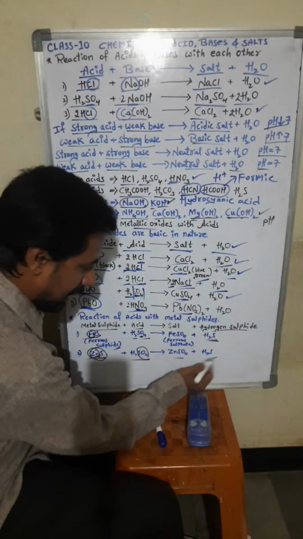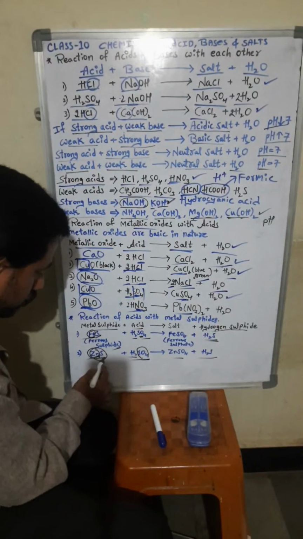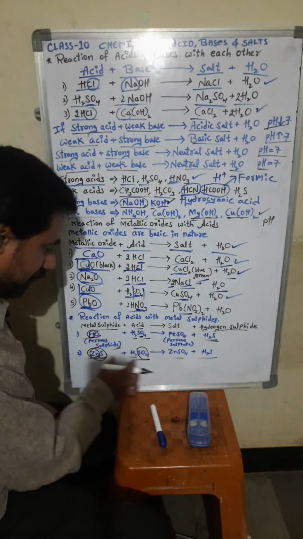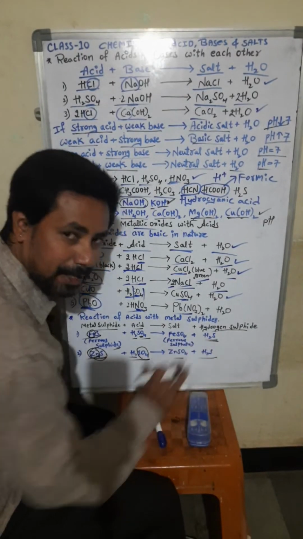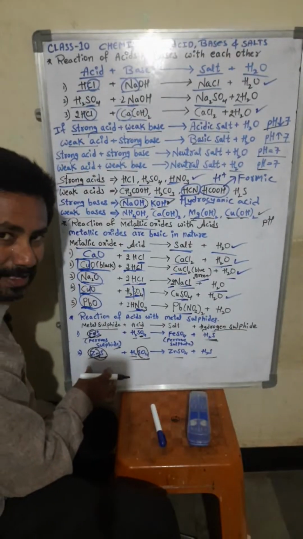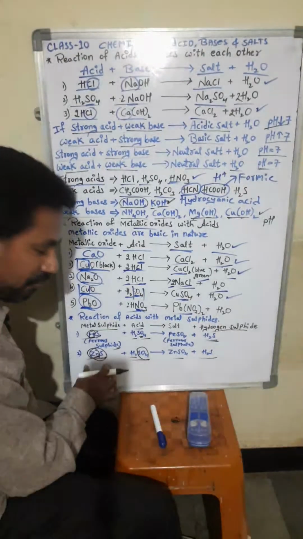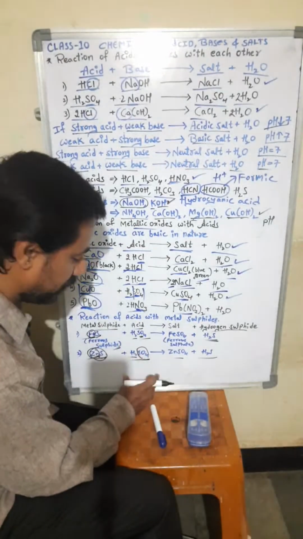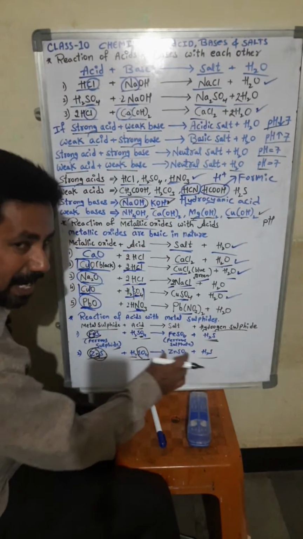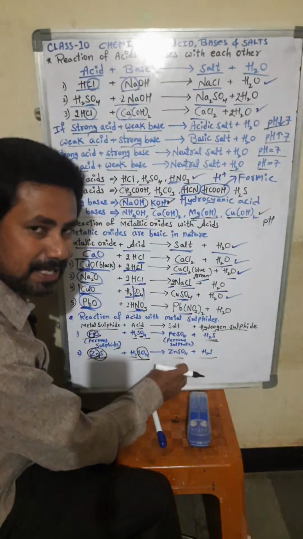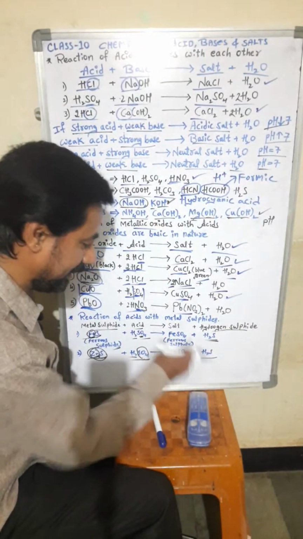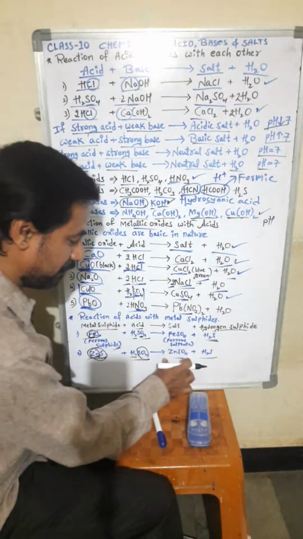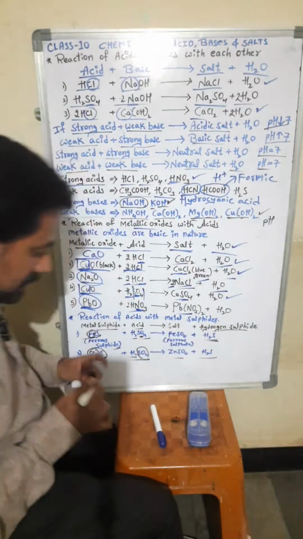And the remaining forms H2S, hydrogen sulfide. Metal sulfide plus acid gives salt plus hydrogen sulfide. Which metal sulfide? ZnS, zinc sulfide. Which acid? Sulfuric acid. Salt is forming: ZnSO4, zinc sulfate, plus hydrogen sulfide.